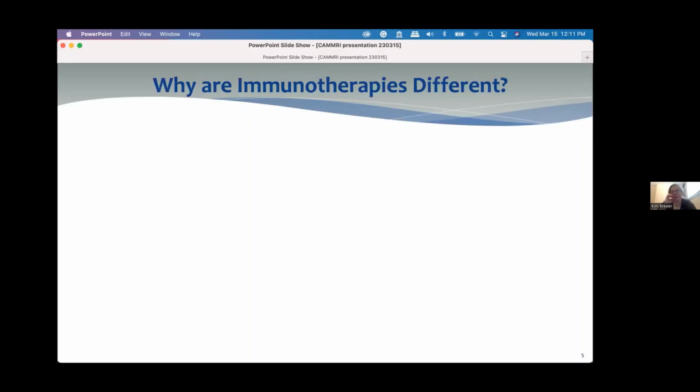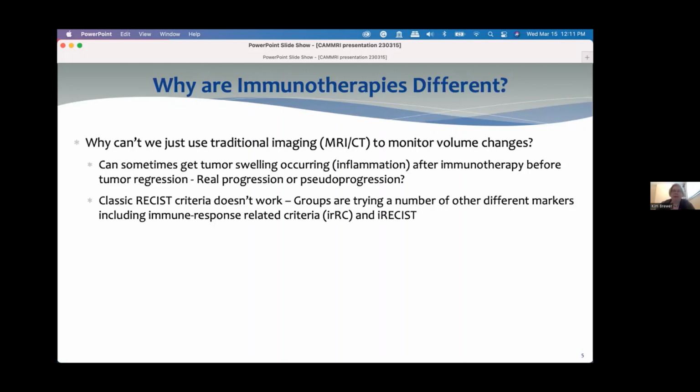So a lot of people wonder why we can't just study immunotherapies the way we study therapies like radiation therapy, surgery, chemotherapy. But the problem is that immunotherapies work in a much more complex fashion, and they don't behave the same way. In particular, normally when you apply a therapy like chemotherapy or radiation therapy, you're going to get tumor shrinkage after you do treatment.